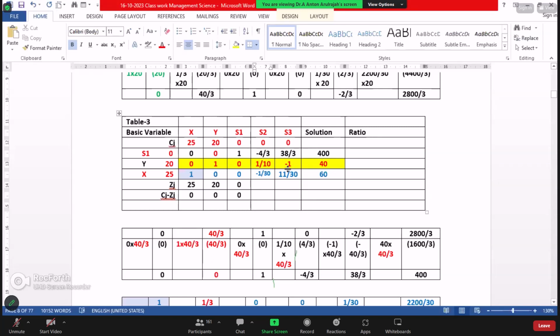Check whether it's correct or wrong. Plus 7 by 6.